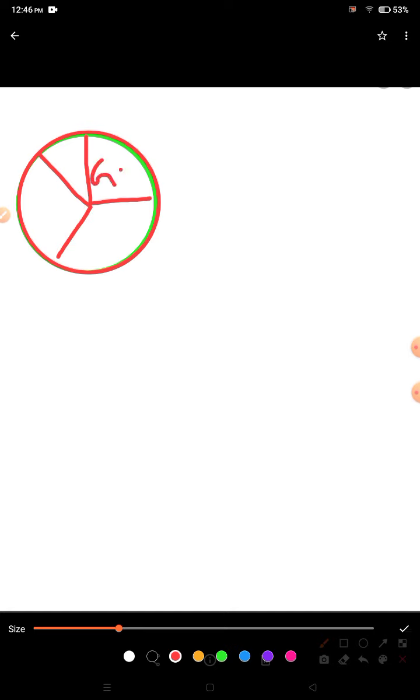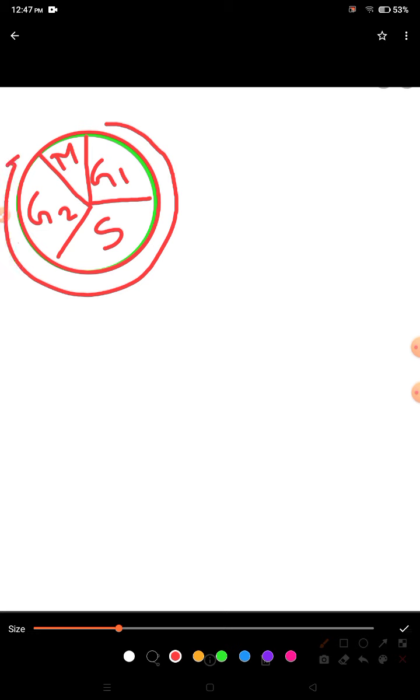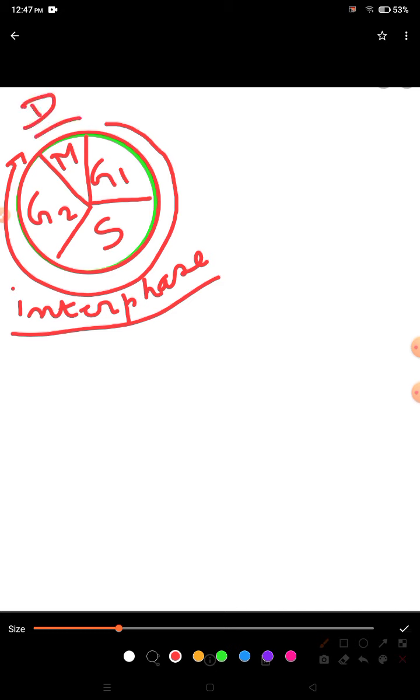This is G1 phase, this is S phase, this is G2 phase, and this is M phase. The phase from G1 including S to G2, we call it interphase. Interphase is a preparatory phase in which the cell prepares itself for cell division. After completion of the interphase, M phase starts. In M phase, cell division takes place.